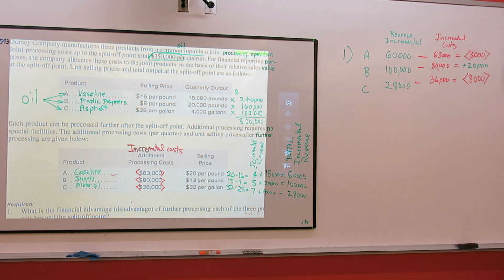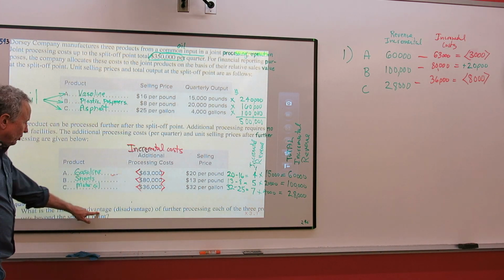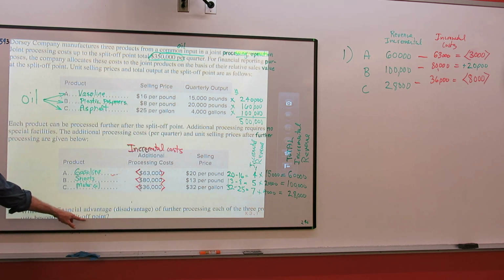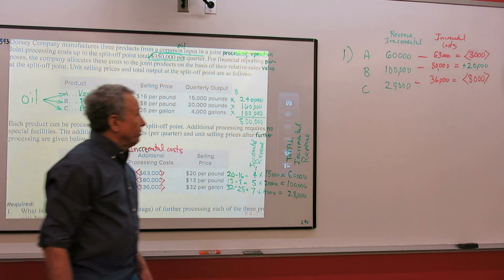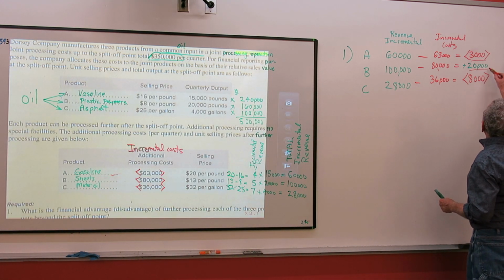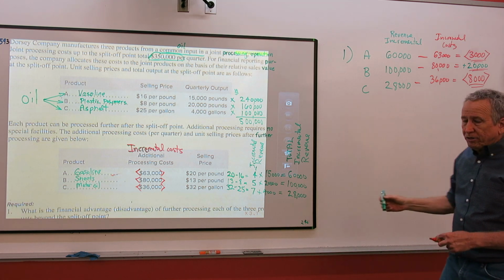And again, isn't that what they asked? Number 1, what is the financial advantage of further processing each of these 3 products beyond the split-off point? Well, there they are. The financial advantage is disadvantage, advantage, disadvantage. These are all your answers. Okay. Now B, they do have a B in this problem.